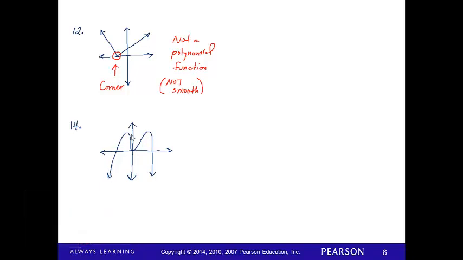Well, we notice that it is smooth. You see it has round curves, there's no corners, and it is continuous. If I was to take my pencil and trace this, I never pick my pencil up as I'm tracing the graph. So it is smooth and continuous, so it is a polynomial function.